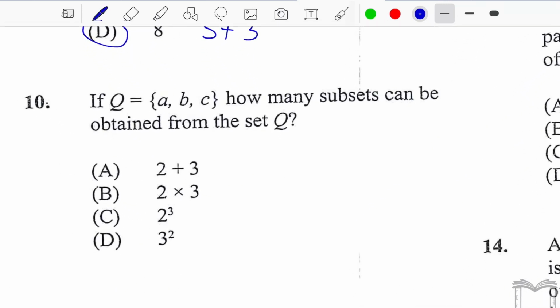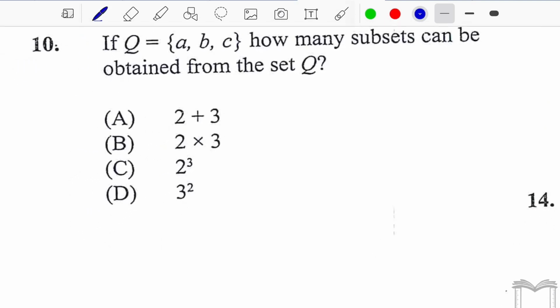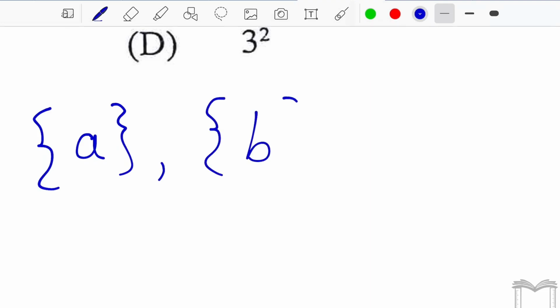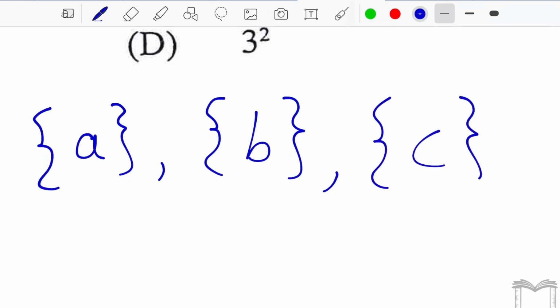Number 10. If Q is equal to the elements A, B, and C, how many subsets can be obtained from the set Q? So from ABC we can have A, that is one set. We can have B only, that's another set. C only.